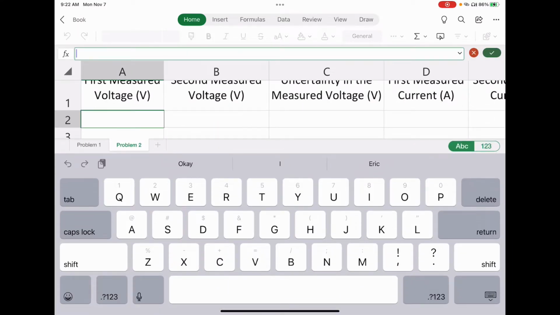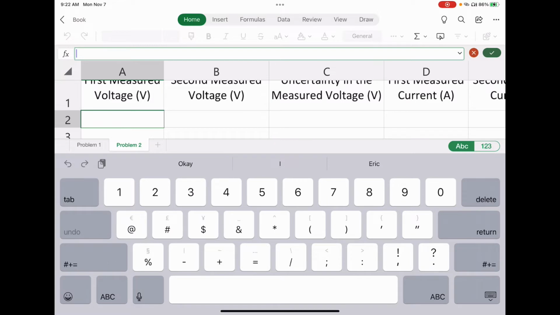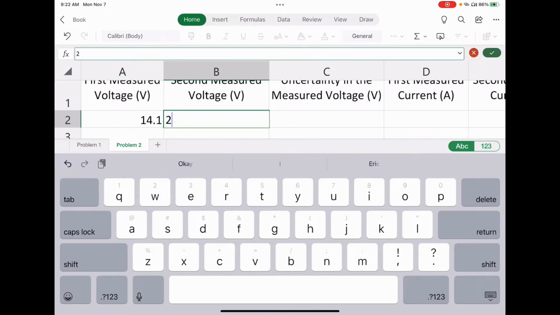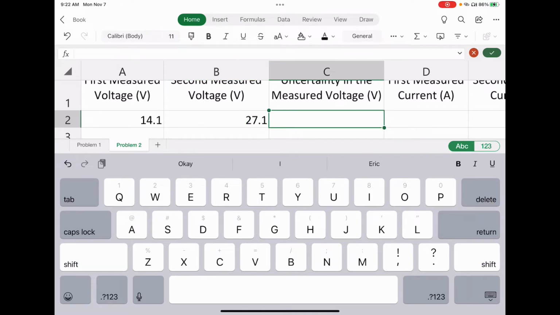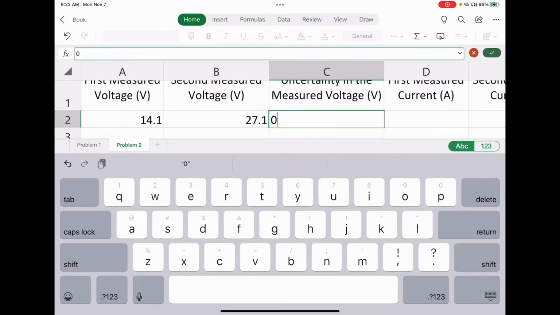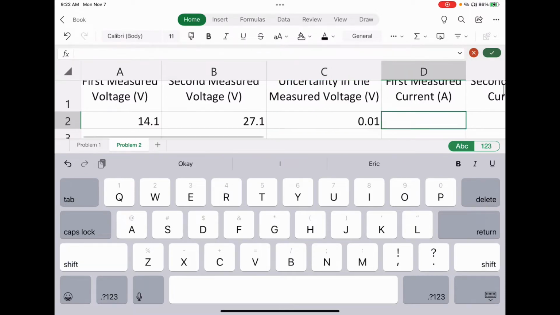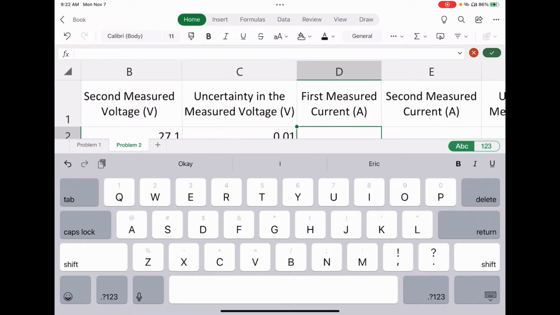So we have our first measured value, and I'm just going to go 14.1, and then this one is 27.1. Uh-oh, not Q. And then I have my uncertainty, which is 0.01. And then I have my first measured current.